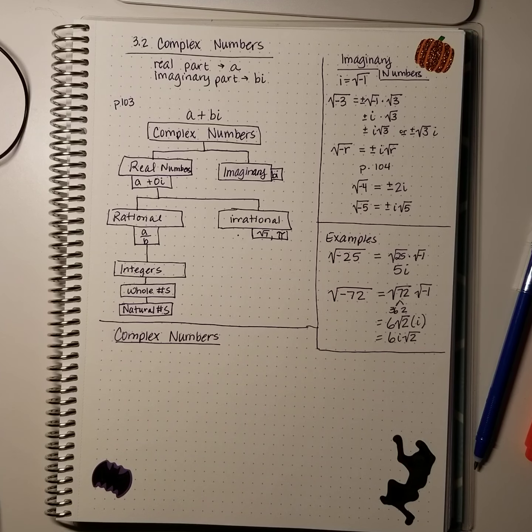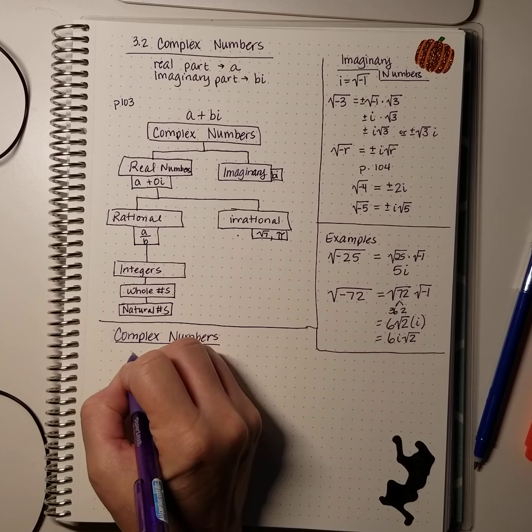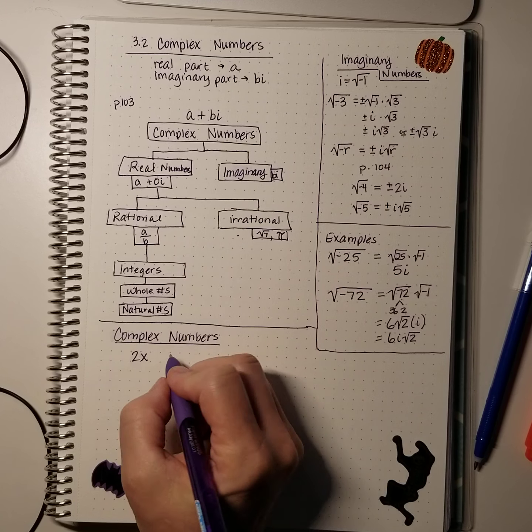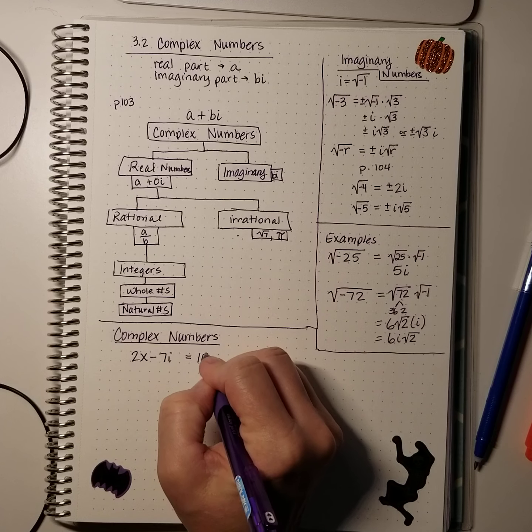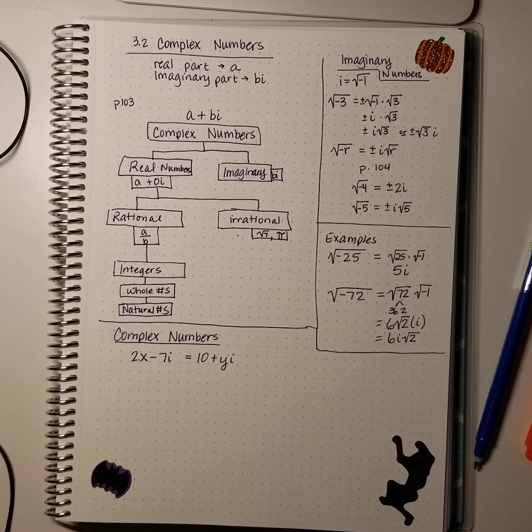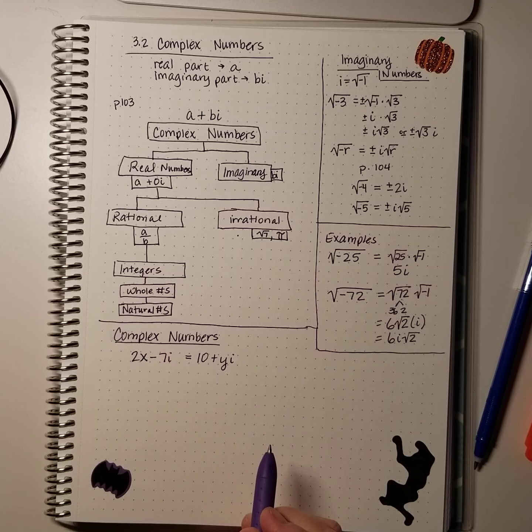Okay, so let's look at how we might use complex numbers in a problem. 2x minus 7i is equal to 10 plus yi. And so what we want to do is find the values of x and y that satisfy this equation. And so what we're going to do is set the real parts equal to each other, and then set the imaginary parts equal to each other.